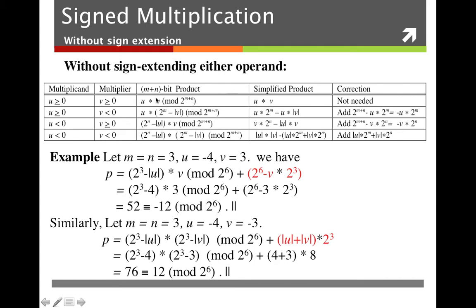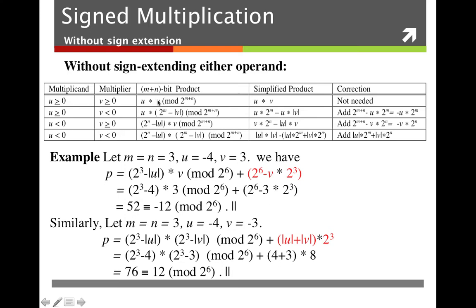So effectively, because you have two operands in this case with leading bits of 0, that simply means that u would be a number between 0 and 2 to the n minus 1, minus 1, and v likewise a number between 0 and 2 to the m minus 1, minus 1.